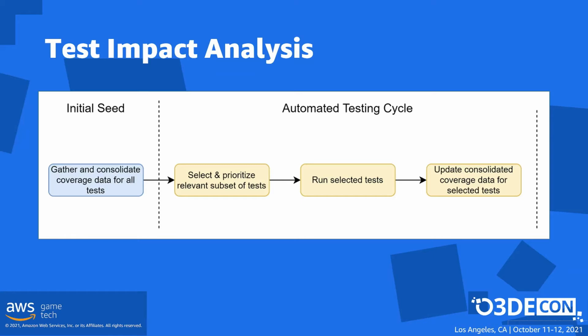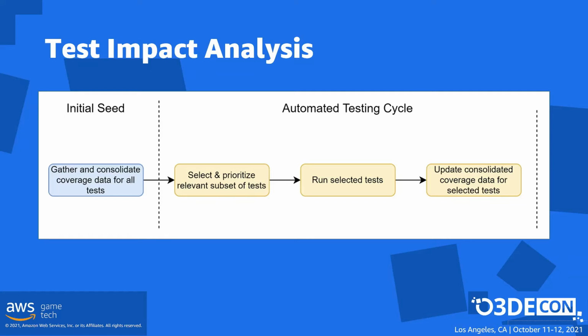First, we draw from our existing coverage data to select and prioritize the relevant subset of tests for the incoming changes. Then, we run those selected tests with instrumentation. Once those tests have completed, we take the coverage data that was generated for them and update our existing coverage data with the latest snapshot.